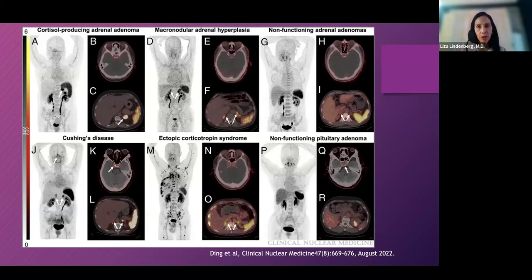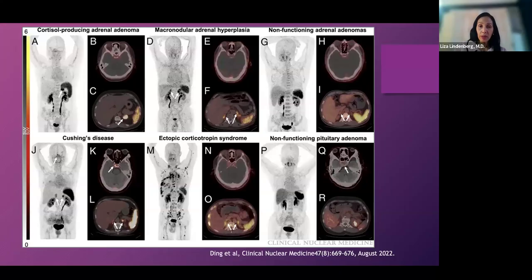Then there is the non-functioning adrenal adenoma, which again does not show any uptake in the pituitary or within the adrenals. The classic Cushing's disease, you will see uptake in the pituitary gland and also see its downstream effects in the adrenals.